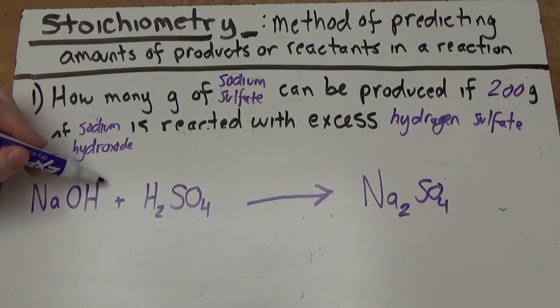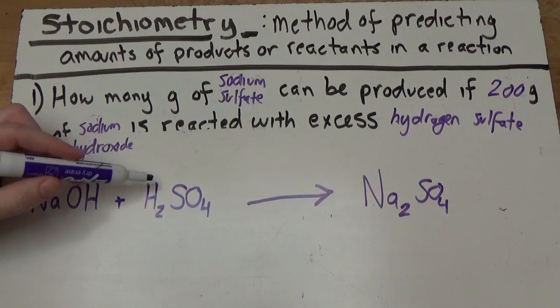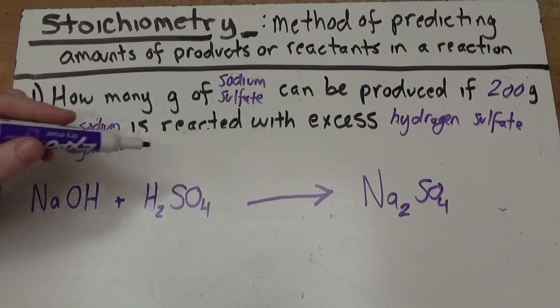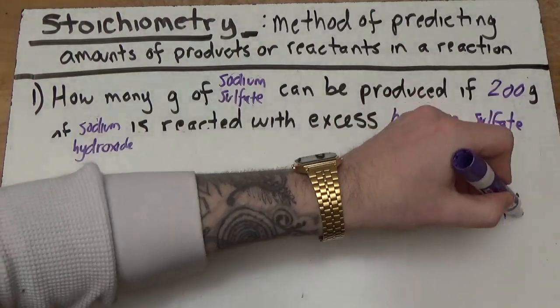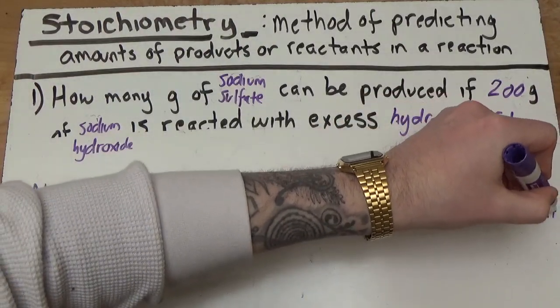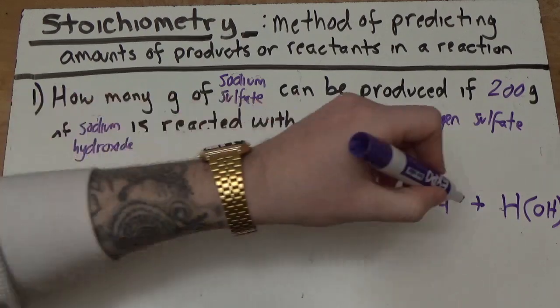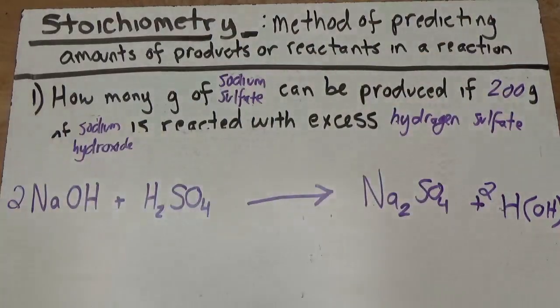And you're going to see that there's an OH on this side, and there's an H here. This is actually a double replacement. And what you will get is HOH or H2O, water. Now let's balance this. There you go. Balanced. Now, I'm going to let you try to solve this problem here.